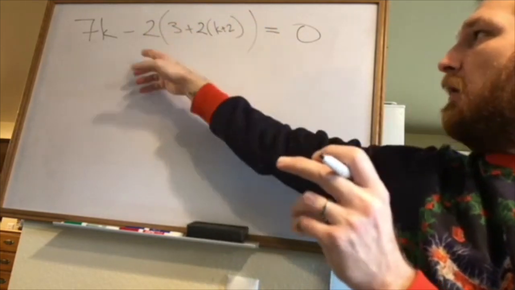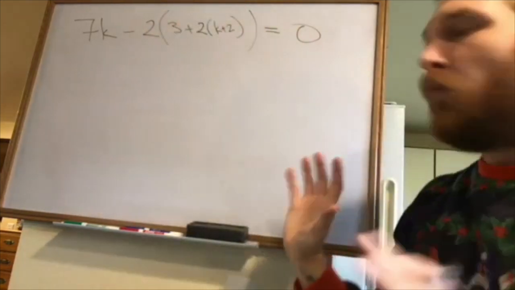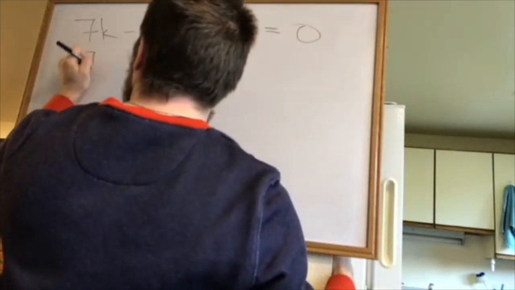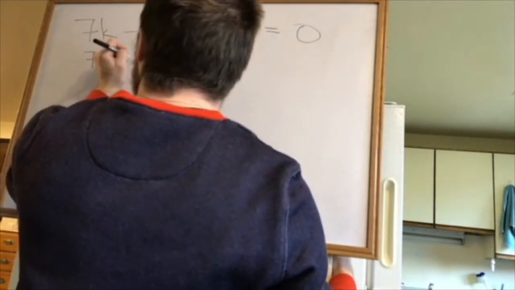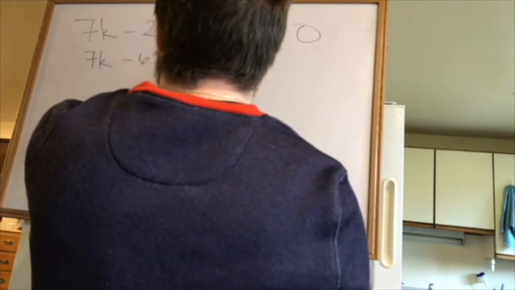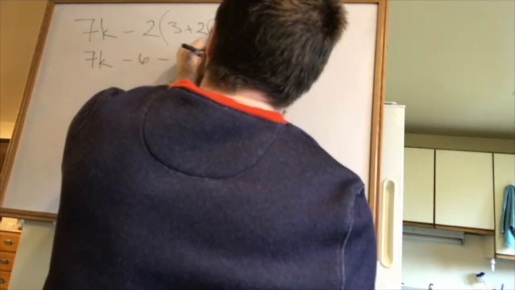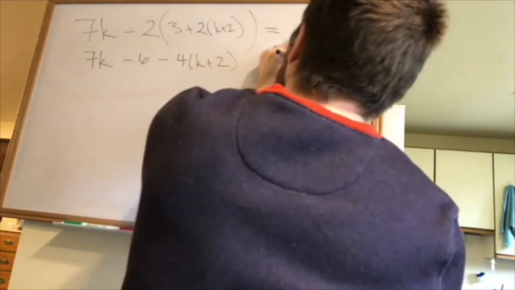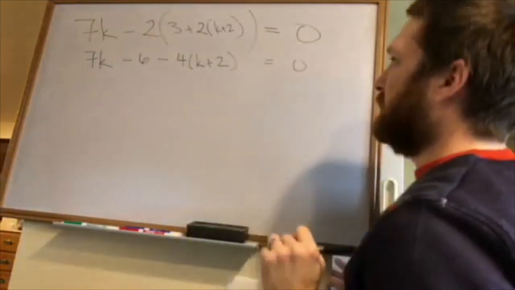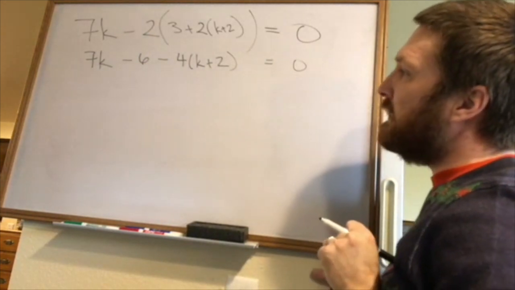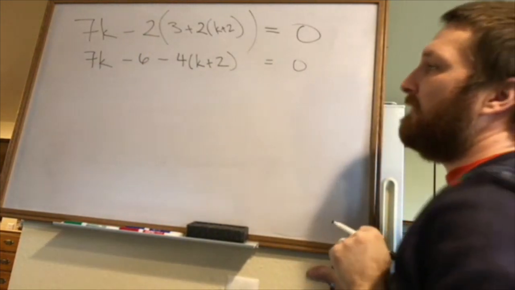You do that right now, I'll do it, and we'll reconvene in a minute and see if we get the same thing. Okay. That's what I get there. I'm going to keep multiplying until I have no parentheses left.